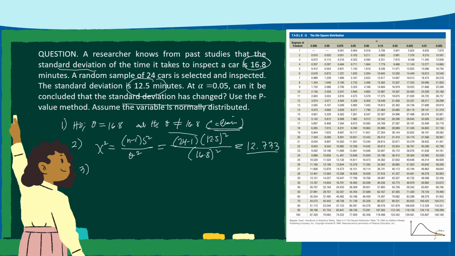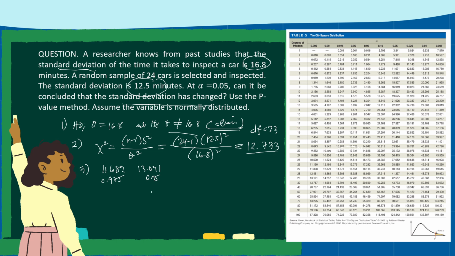The degrees of freedom here is 23, and the closest values are 11.689 and 13.091. So this is between 0.975 and 0.95.